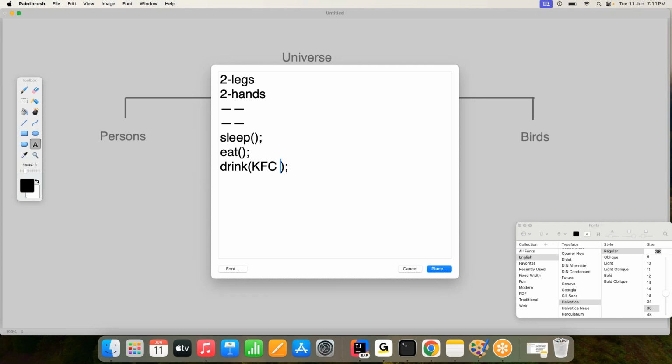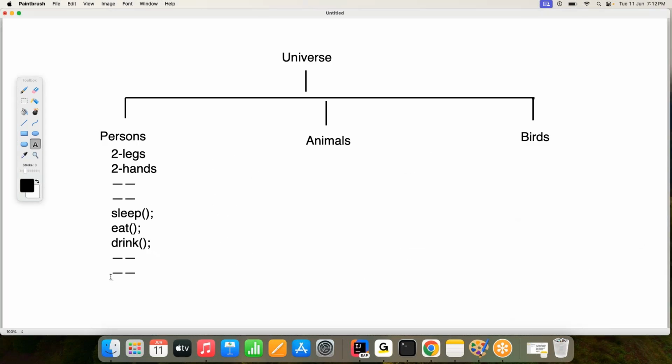KFC mineral water, sir. No? Okay, fine. Like this, these are the various common behaviors we are having. Observe carefully. So these commonalities are available under this particular persons. For all the persons, these are very common. Because of that reason only, persons is a separate category, a separate classification.